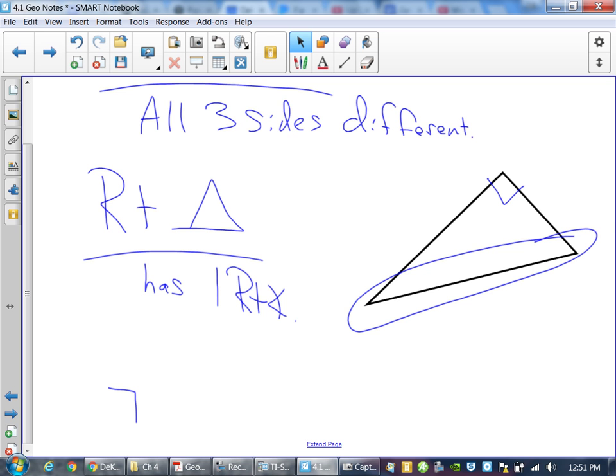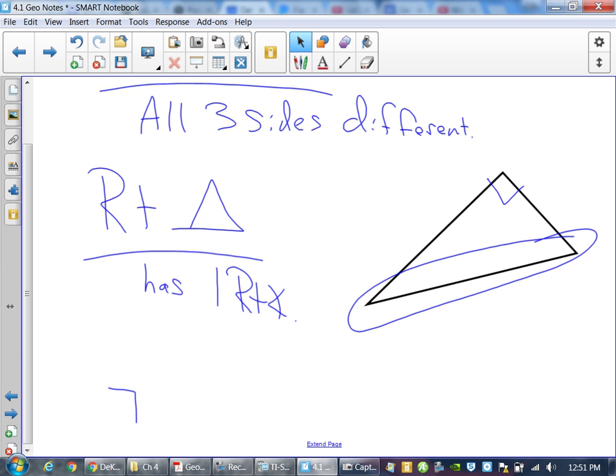What do those two angles have to add up to equal? 90. They have to equal 90. 45 and 45? Not necessarily. They can be. Can't it be 89 and 1? But they have to be 90, but I like 45.